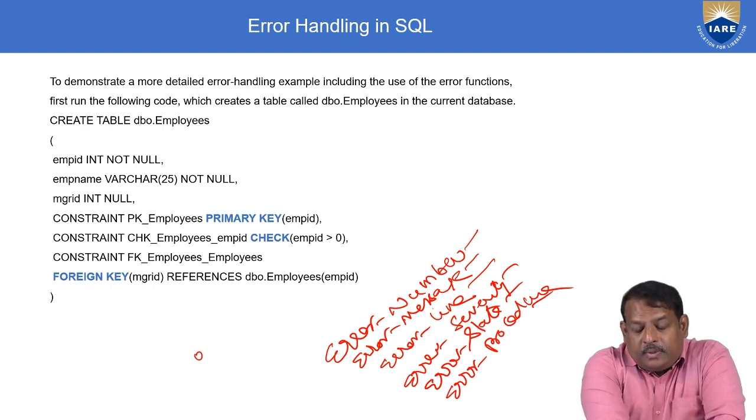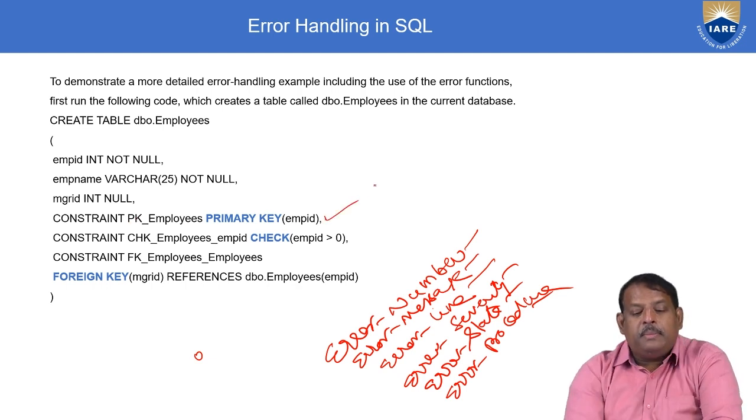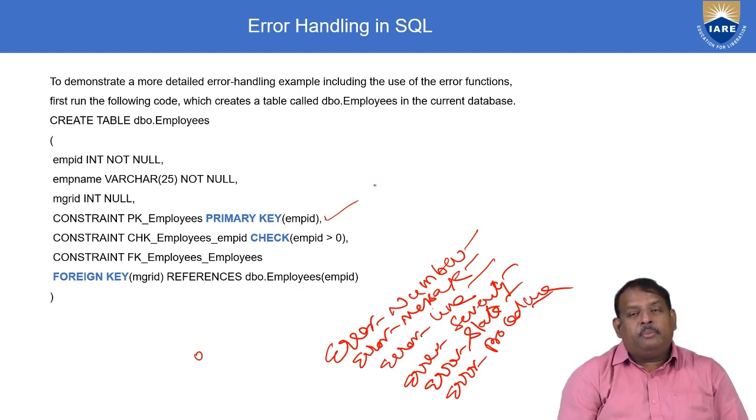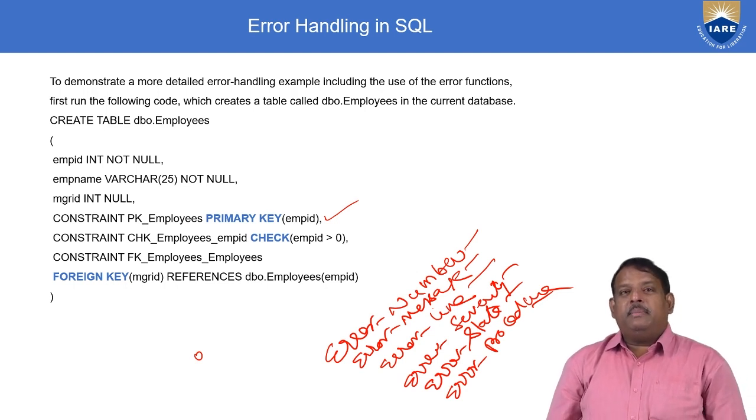Here I'm creating a table called employees, having columns EMPID integer not null, EMPNAME varchar 25, and manager ID. Then constraints. This is the primary key, PK_employees. A primary key will not allow duplicates and it will uniquely identify the record, so I'm making my EMPID the primary key.